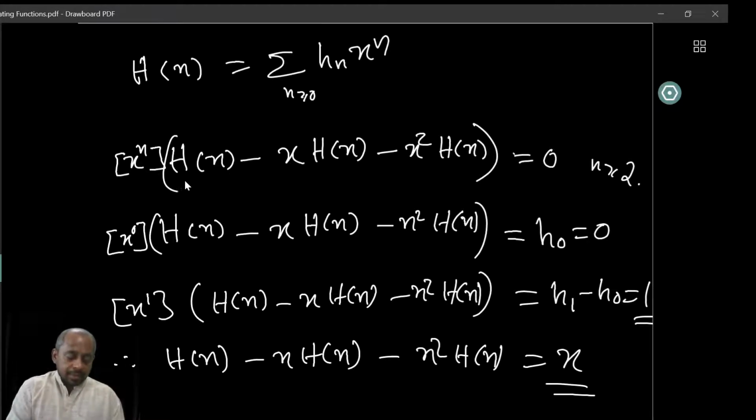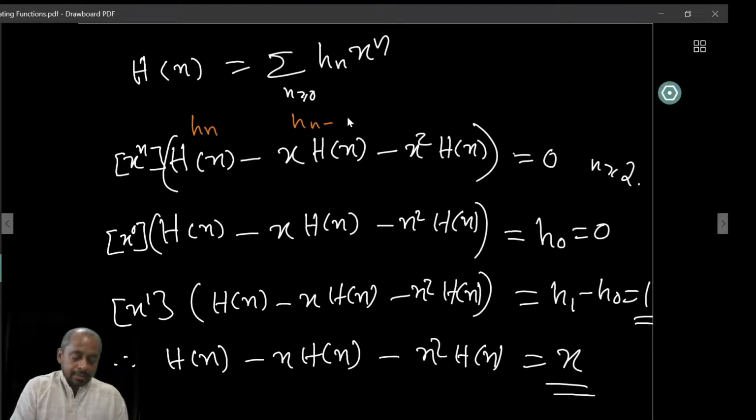So that's what we are saying here: if you look at the coefficient of x raised to n in h of x minus x times h of x minus x squared times h of x, this is hn, this is hn minus 1 because we are shifting the power by 1, and here we are shifting by 2, so this is hn minus 2. So hn minus hn minus 1 minus hn minus 2 is equal to 0. Now this is for all n greater than or equal to 2.